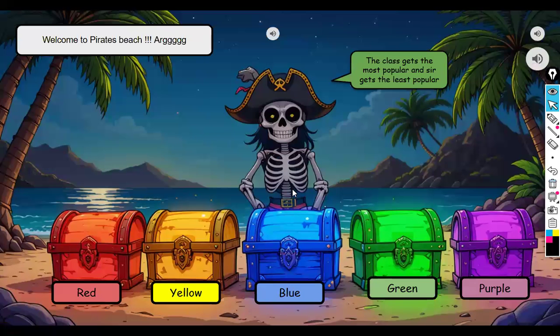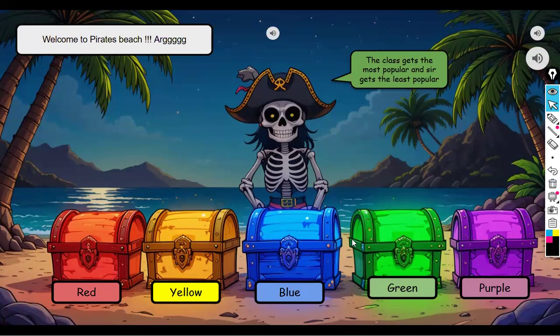All right. So every 2 slides, we have this game here. You're ready to vote again. You can change your color of the chest now. Doesn't really matter. I get the least popular, you guys get the most popular. Begin the vote, guys.